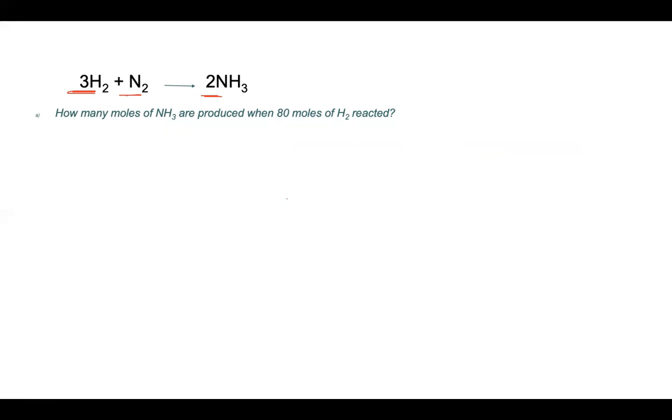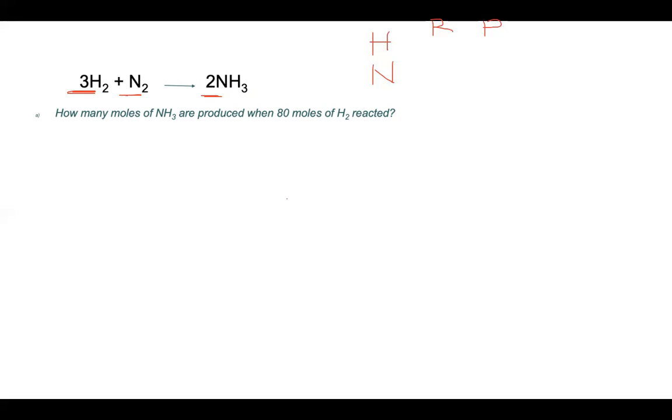So we have hydrogen and nitrogen. Let's see how many atoms we have of hydrogen and nitrogen in the whole reaction. So we write here reactants and products. How many atoms of hydrogen do we have on the reactant side?